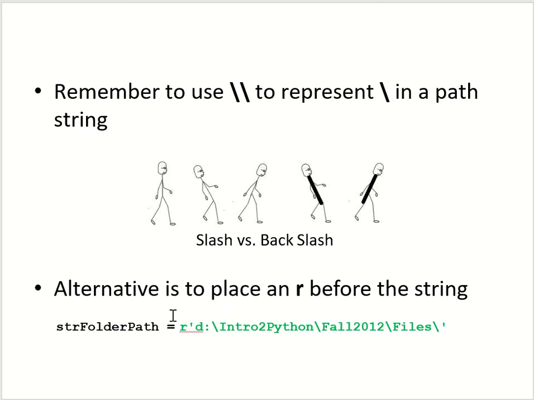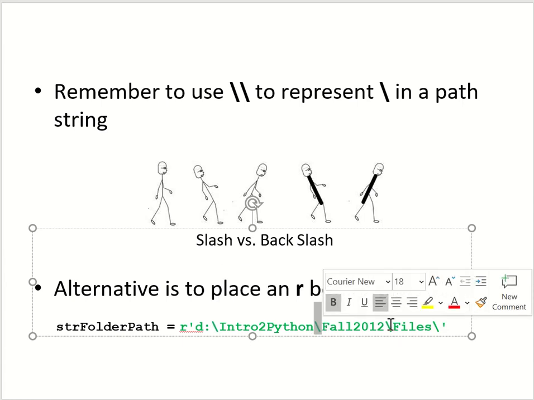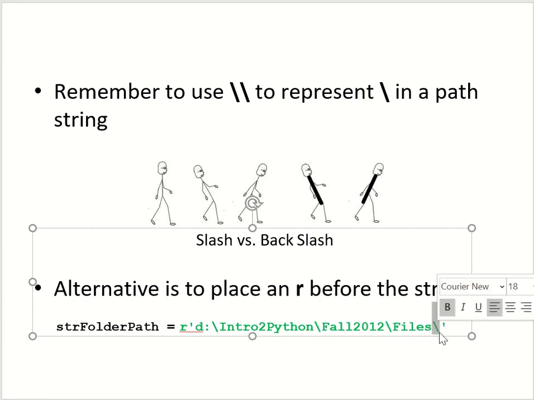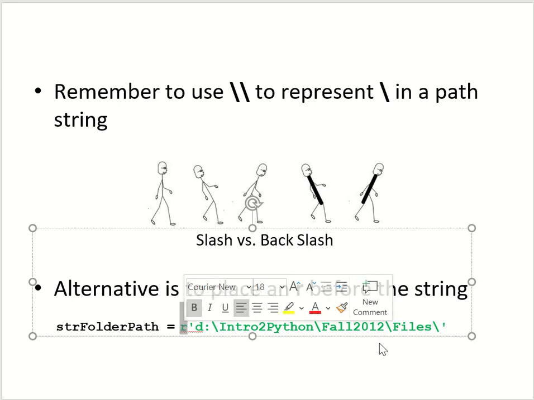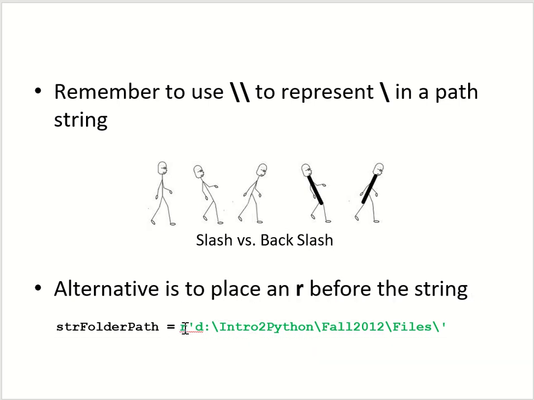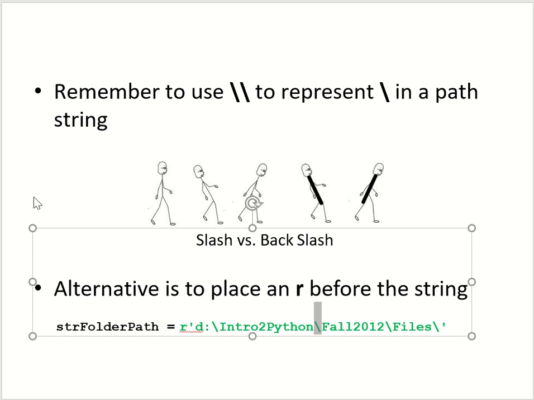The other way to write a string and to have these backslashes maintained rather than used to signify an escape character is to put an R in front of the string, just a lowercase r. Still a string object, but it's telling the interpreter, do not read this backslash as part of a new line or a tab or an escape character.